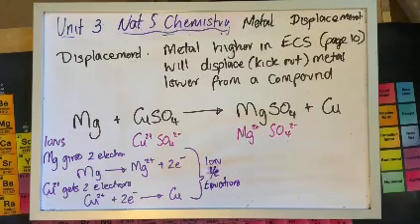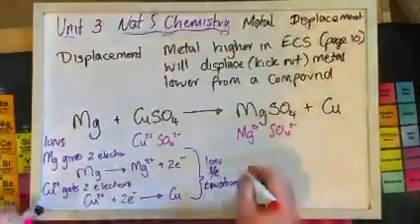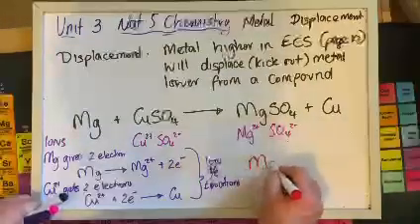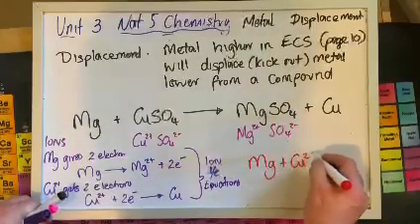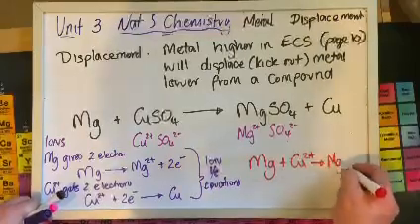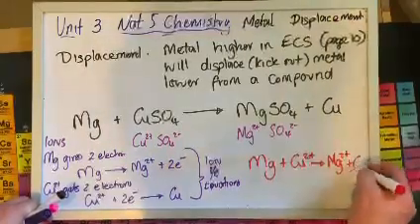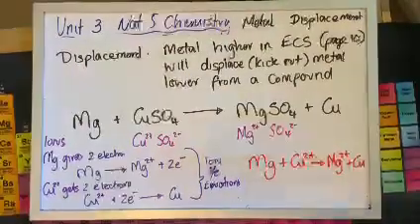As long as the electrons balance, we should be able to cancel them out, and we're left with an equation. This is an ion equation.